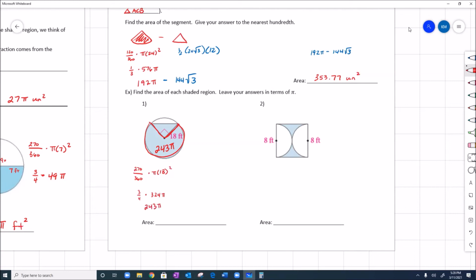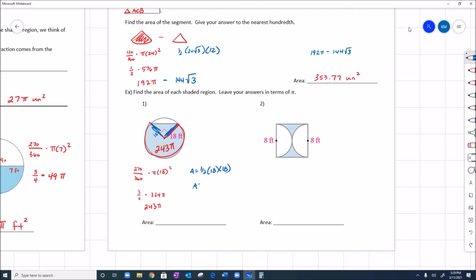And we're going to add to that the triangle, right? Our triangle has a base of 18, because the base is the radius, and a height of 18, perpendicular, height's radius. So we can find the area of this triangle as area equals 1/2 base times height.